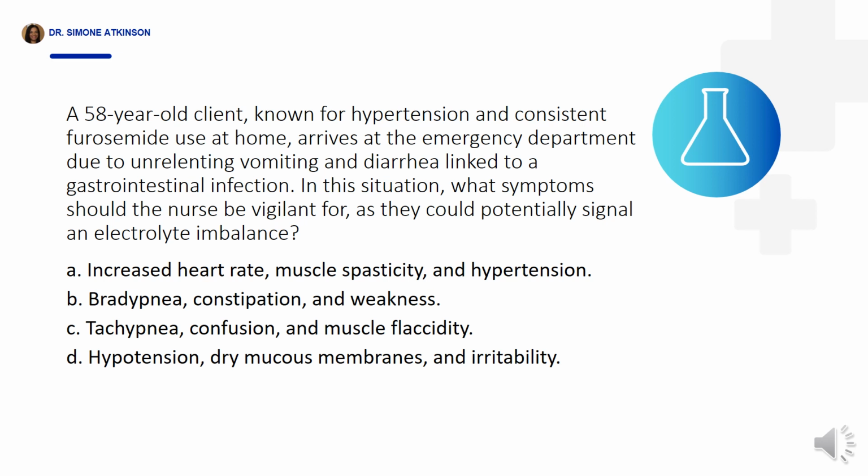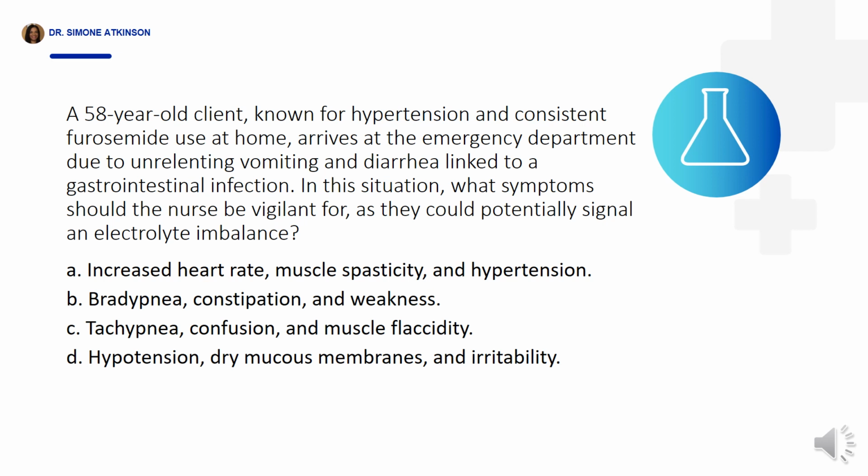Would we have tachypnea? That's an elevated rate, or confusion, an elevated situation, I would say no, because we said hypokalemia. We have to follow the same scenario, so we would not have the tachypnea. Muscle flaccidity with hypokalemia, that could be, but I'm ruling out C because I would not expect tachypnea. What about hypotension with hypokalemia?